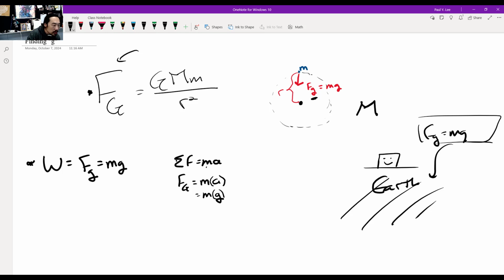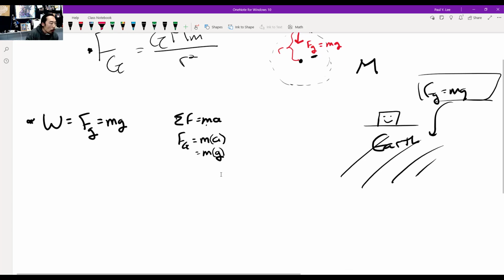So now the question is, how can we link F of capital G to F of lowercase g? On the other side, I'm going to substitute in the formula for F of capital G. So we have G, capital M, which is the Earth, lowercase m, which is you, all divided by r squared, and all this is equal to mg. I'm just going to rewrite that below it so it looks the same line.